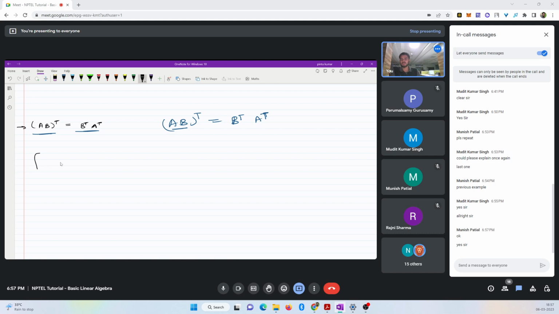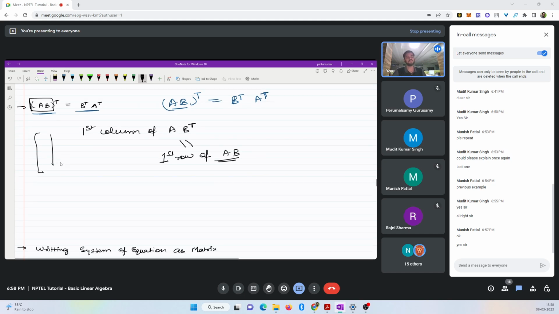Now let's look at (AB) transpose and try to find the first column of (AB) transpose. The first column of (AB) transpose is nothing but the first row of AB.